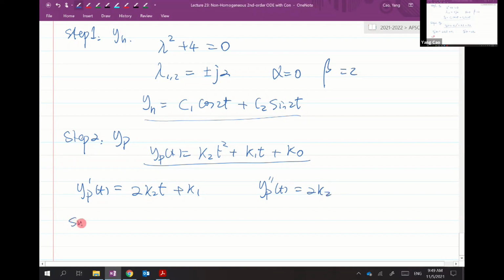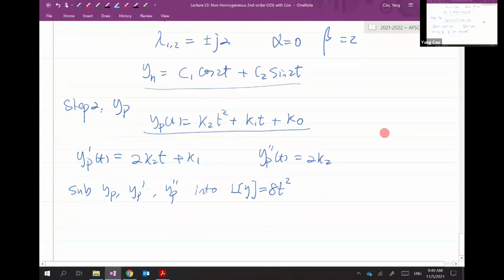Then we sub YP' and YP'' into this Ly equal to at², back into this non-homogeneous one.